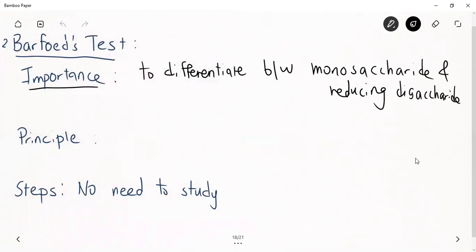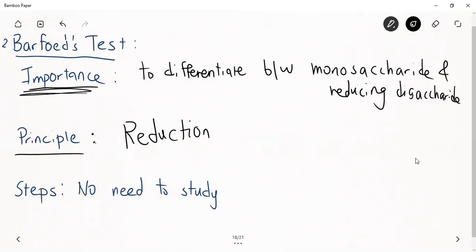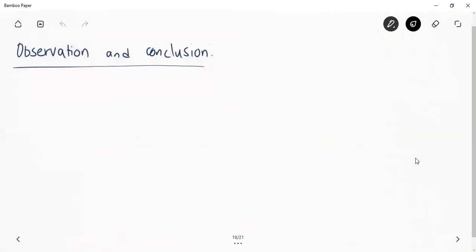Barfoed test. What's the principle? Reduction. Cupric oxide plus sugar will give us cuprous oxide plus sugar acid. The steps we said no need to study because we only study importance, principle, and observation and conclusion. Observation and conclusion is the same as before.